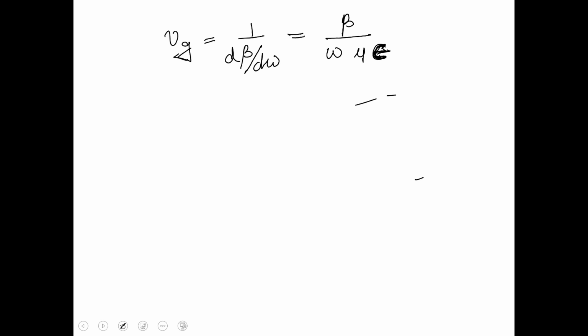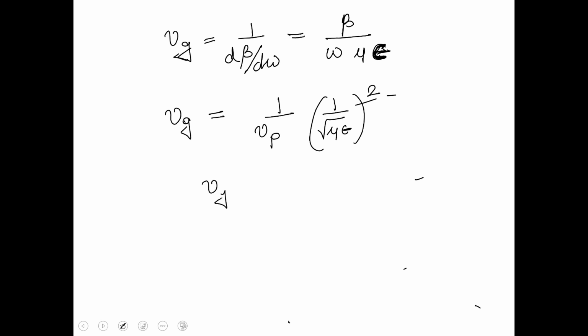But omega by beta is phase velocity, so V group is 1 by phase velocity, 1 by square root of mu epsilon square, which is nothing but the phase velocity in the medium. So it's telling you V group times V phase is going to be given by V phase in the medium.